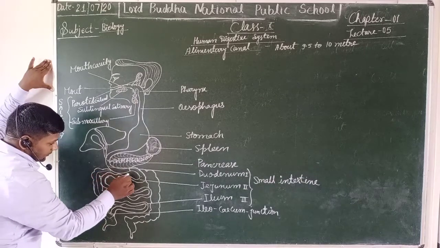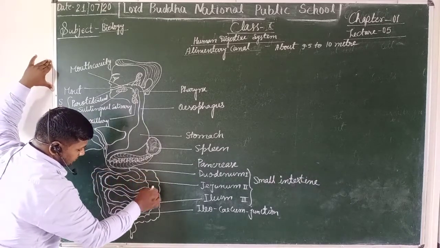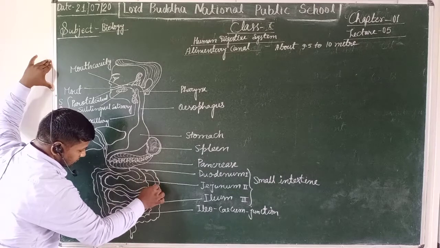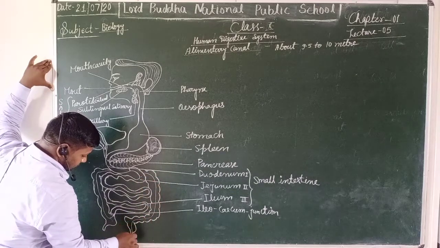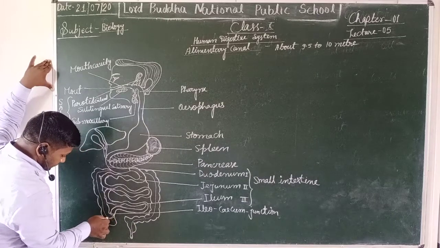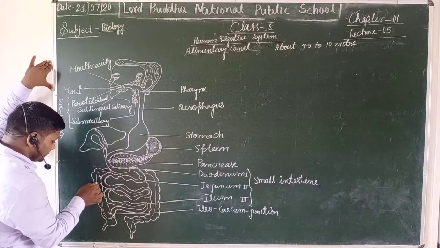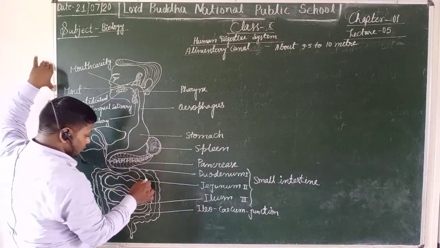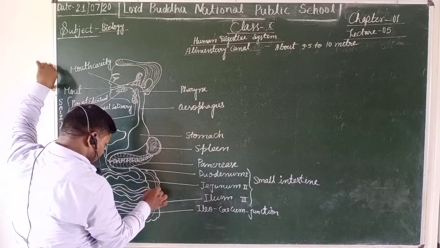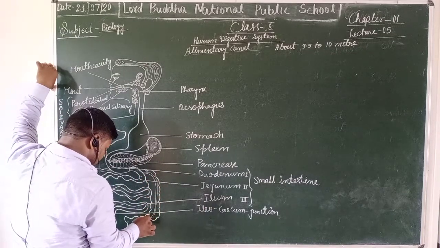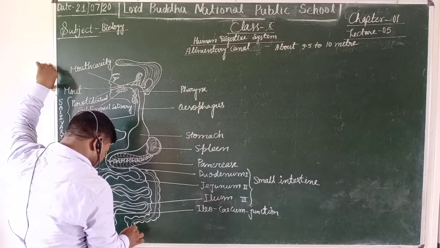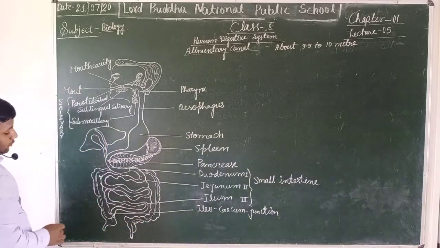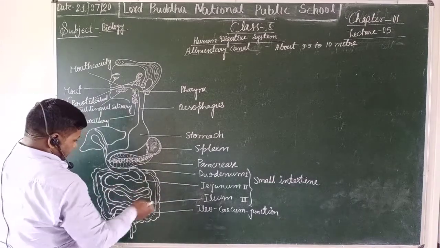The first part of the large intestine is the cecum. The cecum further passes into the colon. The colon is divided into four parts on the basis of its position around the small intestine.